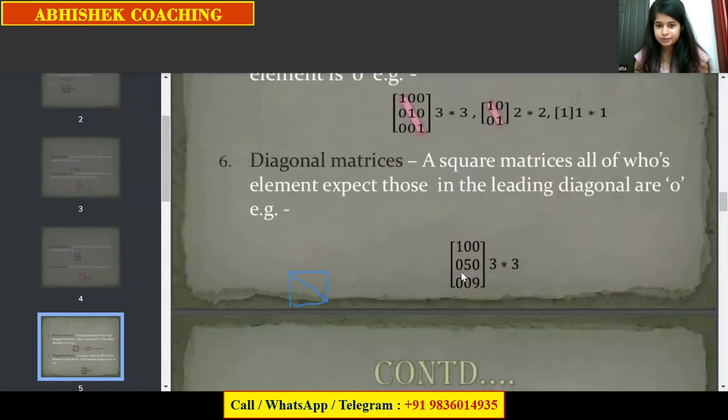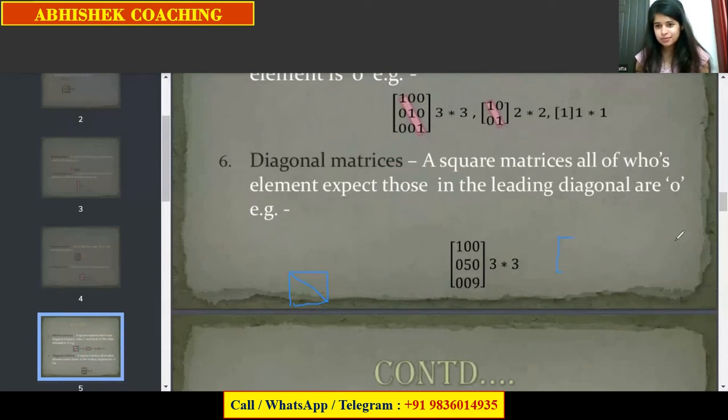Like this, the diagonal is 1, 5, 9 and all other elements are 0. So it is called a diagonal matrix, and these diagonal matrices also exist in the square matrix. Actually, I'll show you.